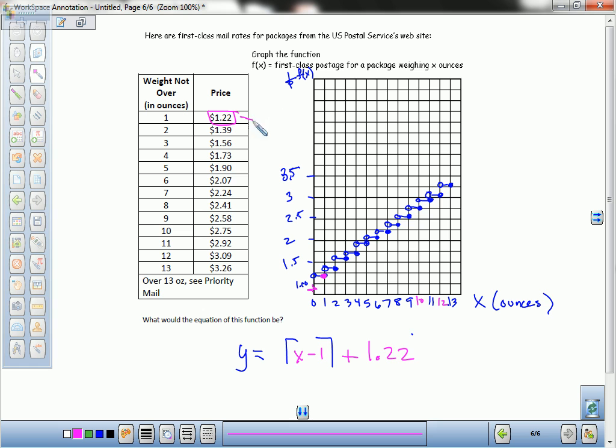And then what am I increasing by every time? How am I jumping up every time? Was it consistent? Yeah, what is it? 0.17. And there's an equation.